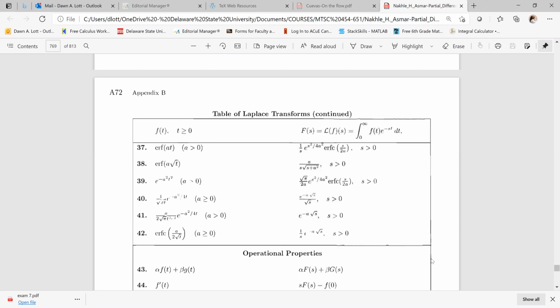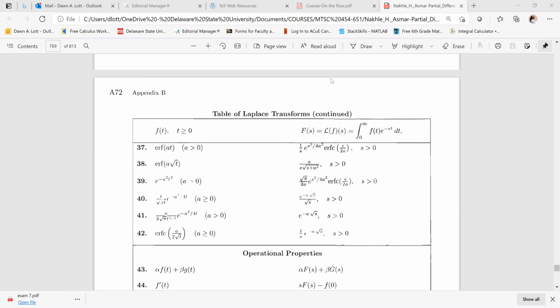So let me see what my textbook, where am I, on page A72? Yes, e to the minus a square root of s. Okay, that is exactly what it is. So therefore, we can see that.